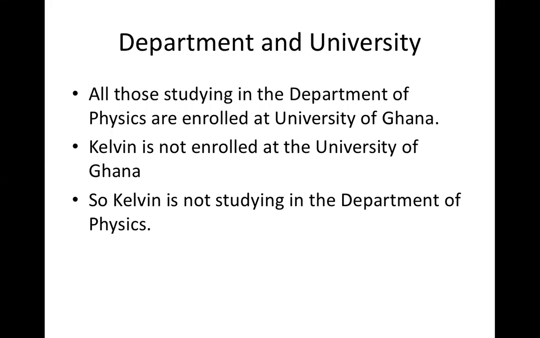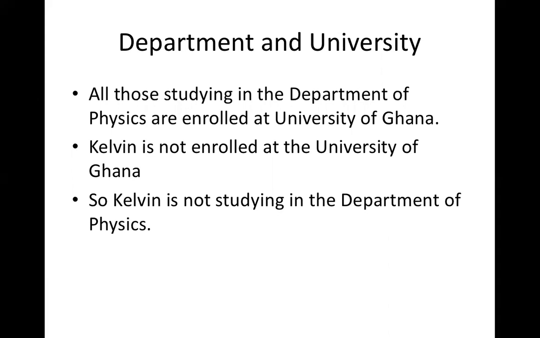So let's assume that there is a debate about whether Kevin is studying in the Department of Physics or not. Some people say he is, some say he is not. And then someone goes to the registrar to find out whether Kevin is enrolled at the University of Ghana, and the registrar tells the person that Kevin is not enrolled.